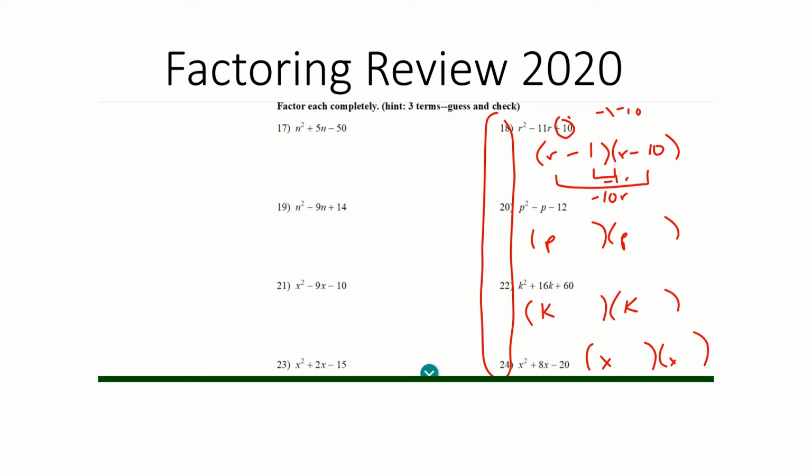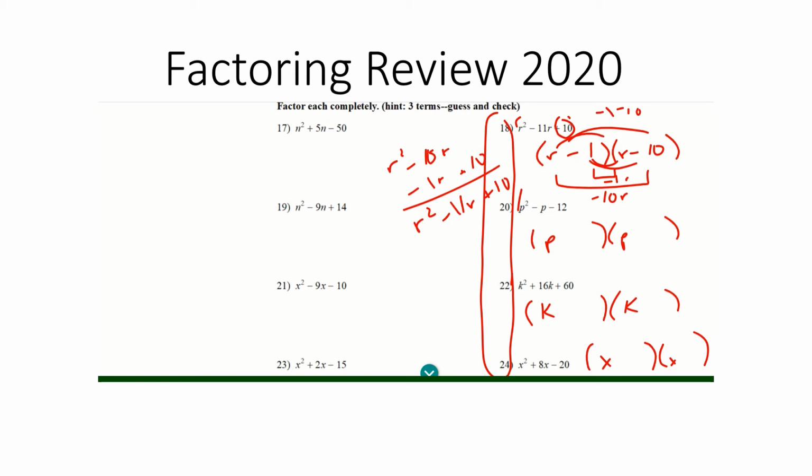And the reason that is true is if you multiply this back out, you get R squared minus 10R, and that's negative R plus 10. And so that's your R squared minus 11R plus 10. But when R is 1, or when the coefficient's 1, you can kind of shortcut it in there.